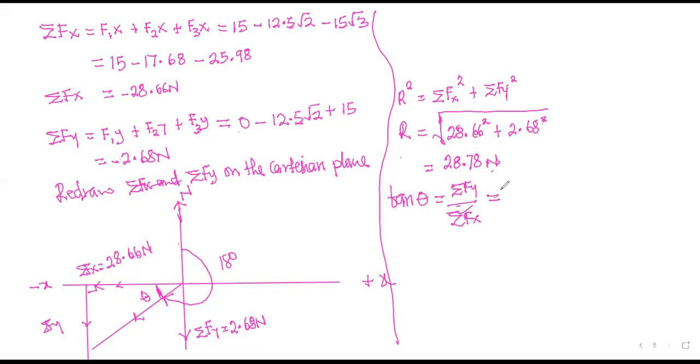Summation f of y is 2.68. Summation f of x is 28.66. Give me the ratio. 2.68 divided by 28.66. 0.09.